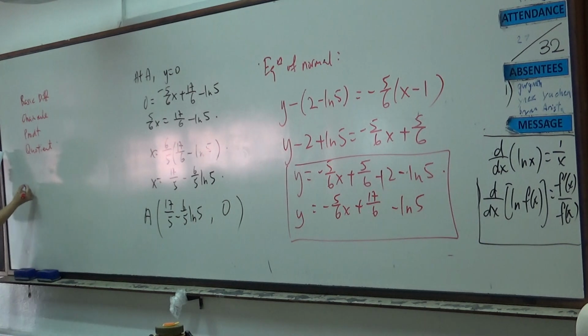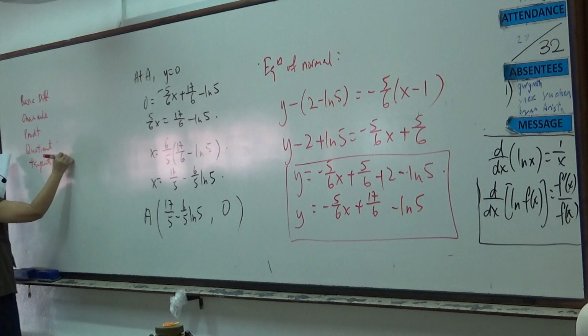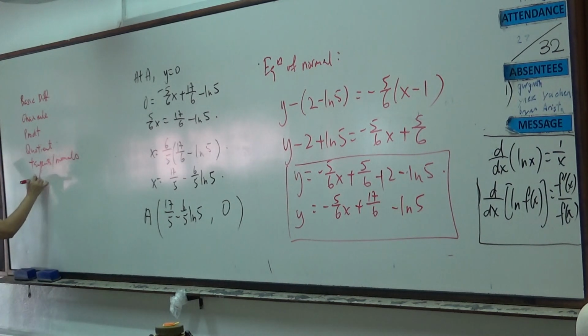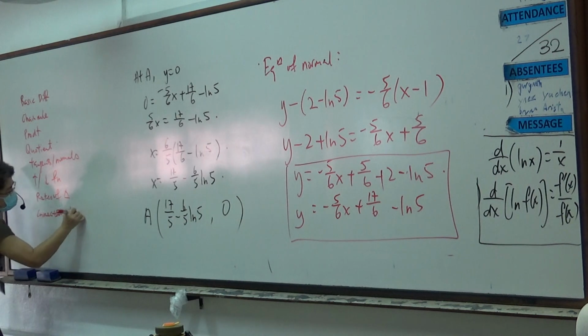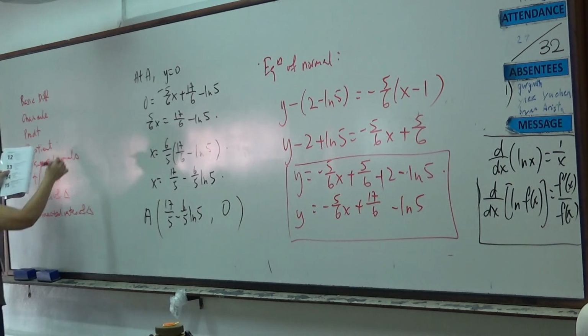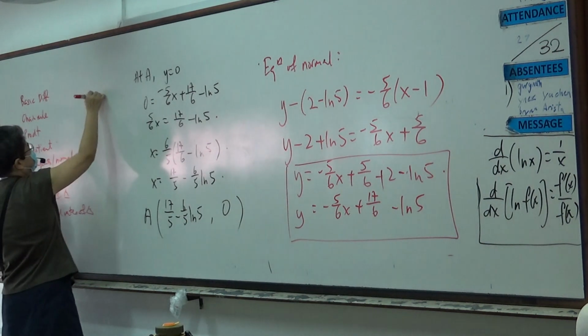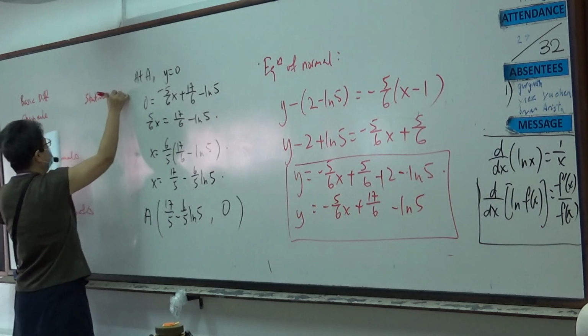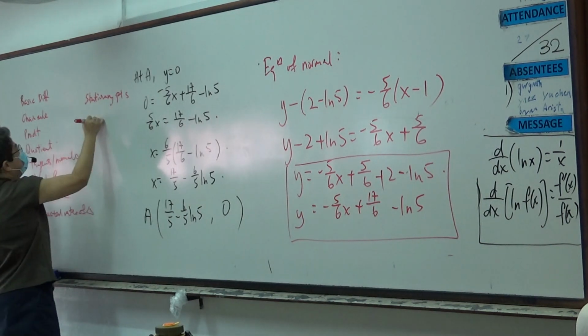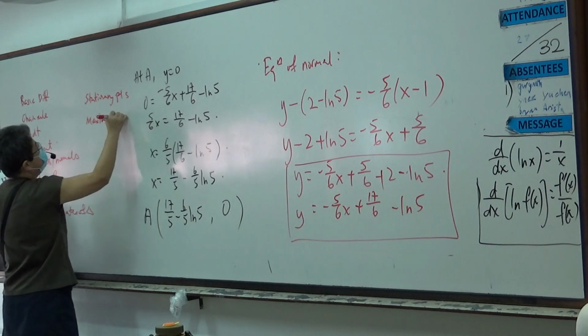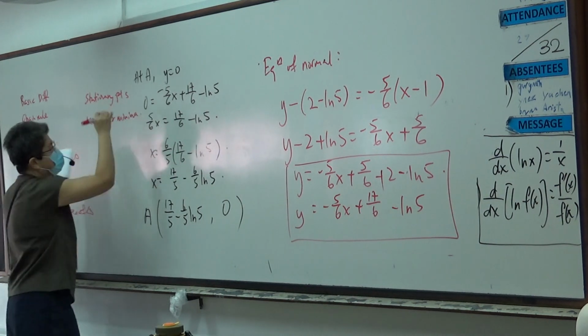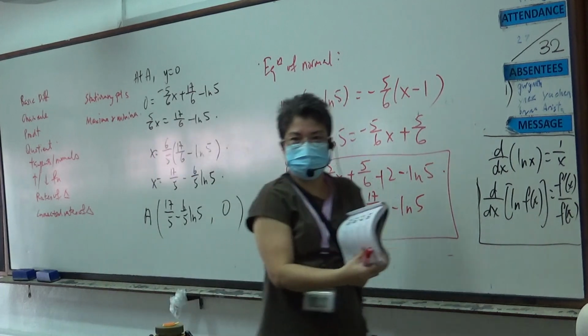And the quotient rule, right? Then we have tangents and normals, increasing, decreasing function, rates of change, and connected rates of change. Then we have stationary points. Then we have maxima and minima. Am I right?